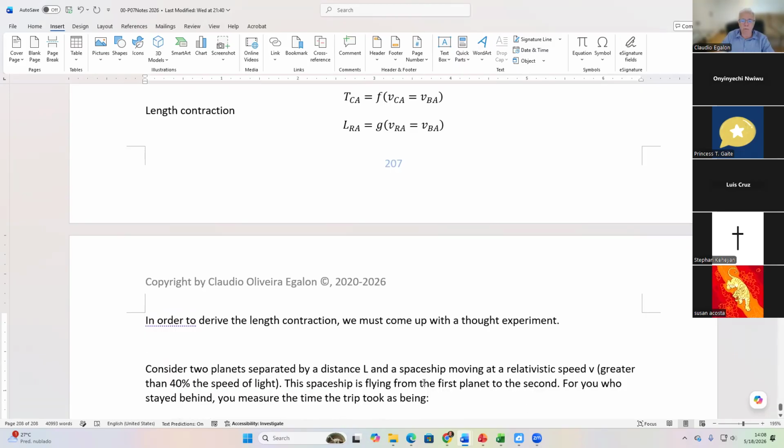And a spaceship moving at a relativistic speed greater than 40% the speed of light. The spaceship is flying from the first planet to the second one. For you who stayed behind on Earth, in one of the planets, you measure the time the trip took.